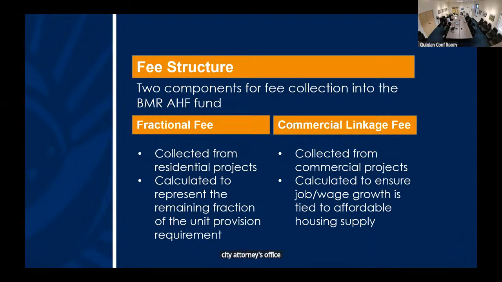How do we factor in the level of wages in this Schedule B? This says, for office and research, it's $35.48, and all it says is per square foot. It doesn't say anything about level of wages.